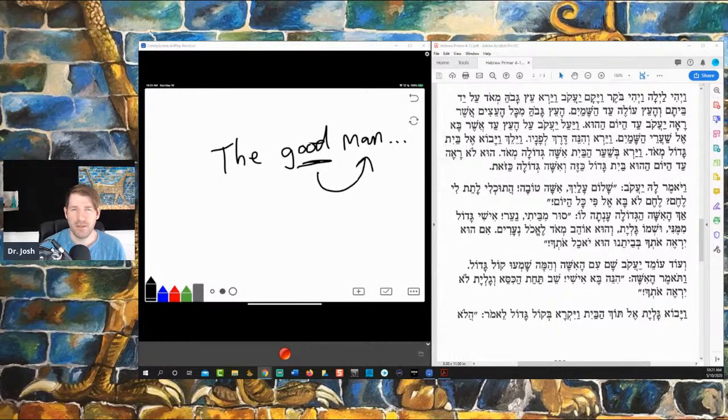But good, that quality, is being attributed to the man. So this is an attributive adjective. If I were to say the big, red, fluffy dog, big, red, and fluffy would all be attributive adjectives talking about the dog.